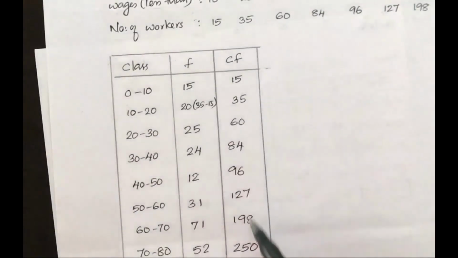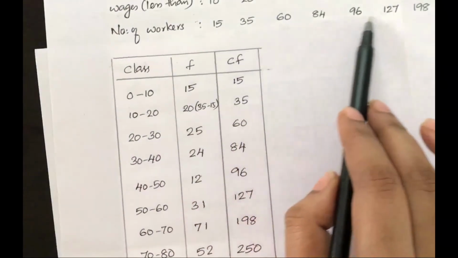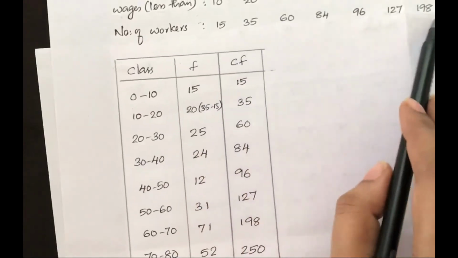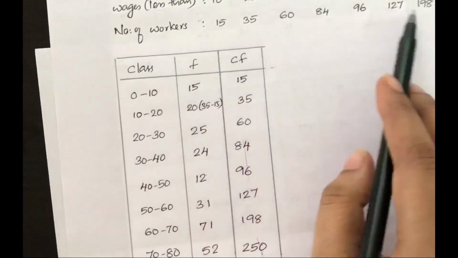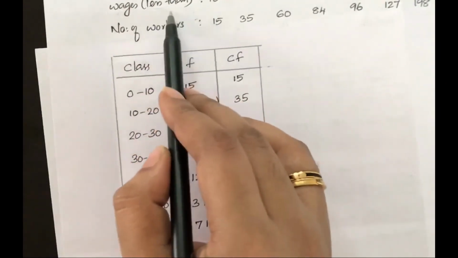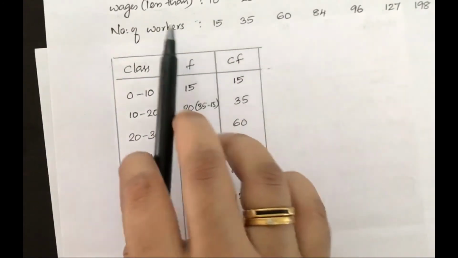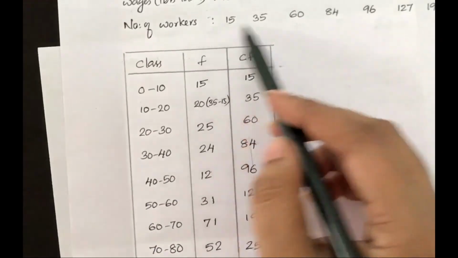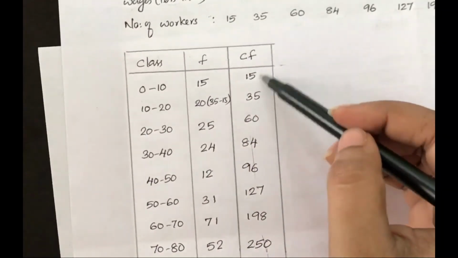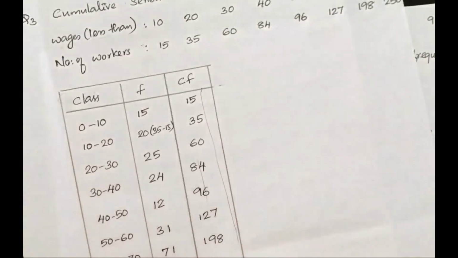Can you notice anything? This cumulative frequency is the number given in the question, and that is obtained in the less than type only. Okay, it is not obtained in the greater than type, we can find this in the less than type series only.